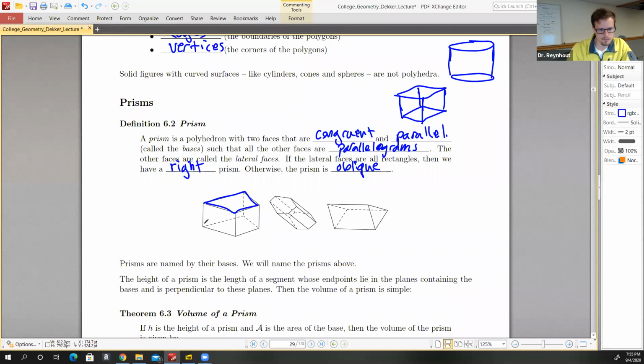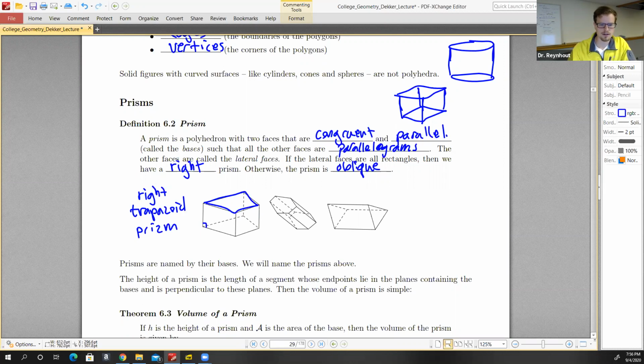And if we give some labels here, we notice that the lateral faces are all rectangles, so we would call this a right trapezoid prism. Excellent.